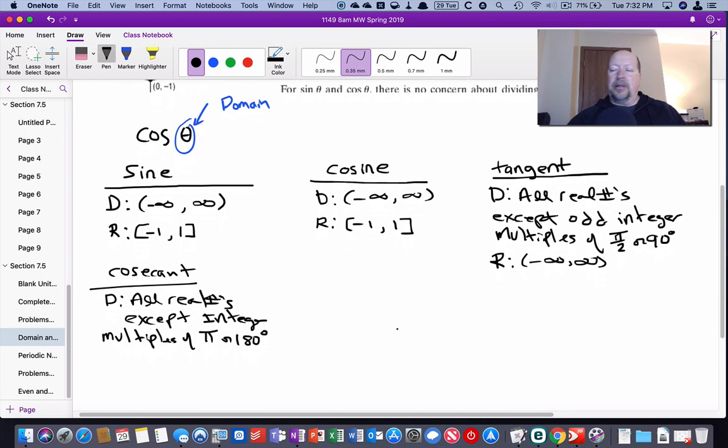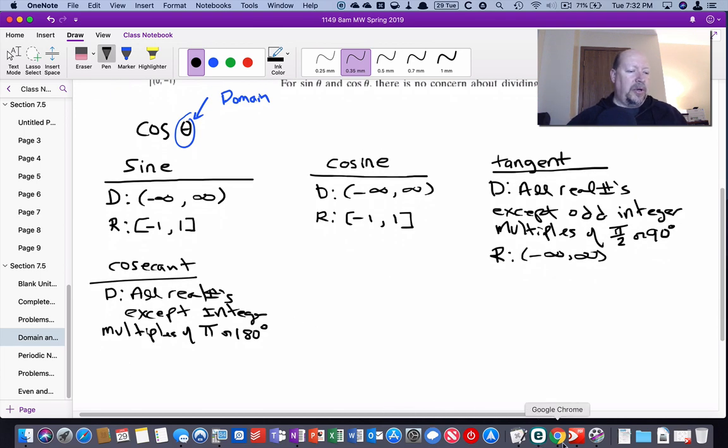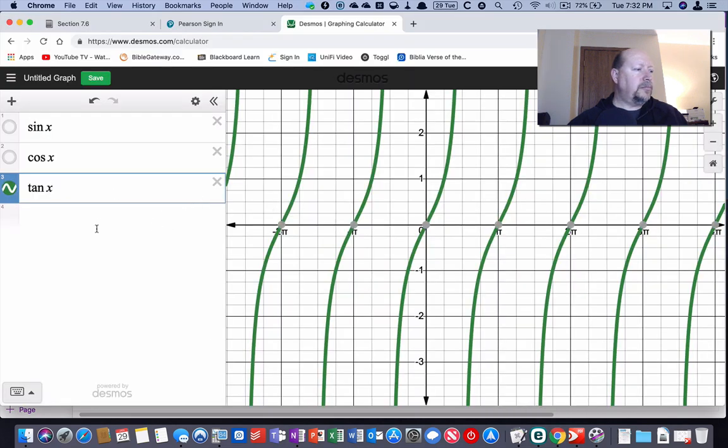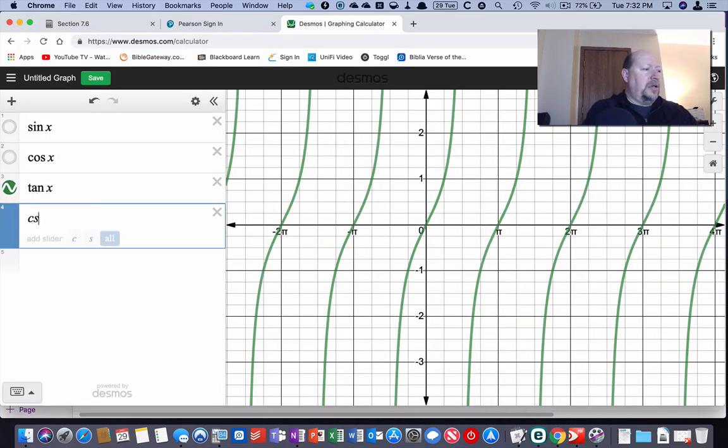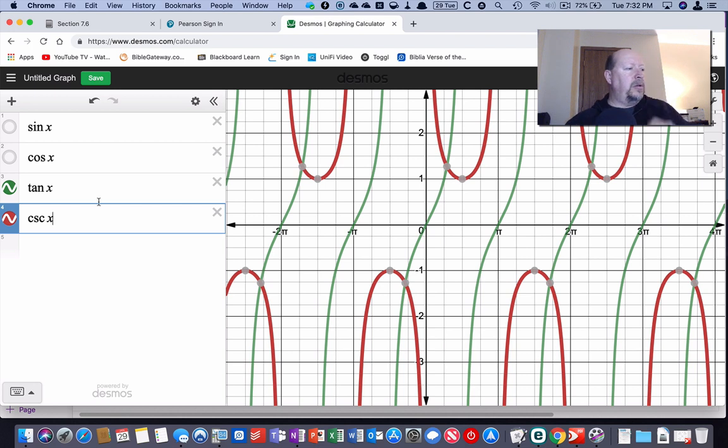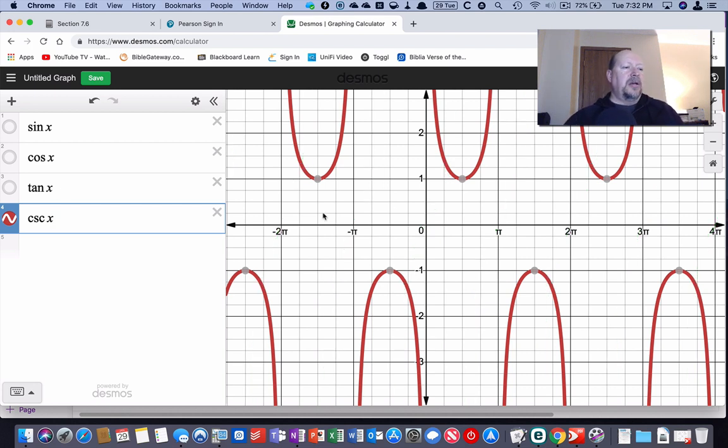Now, let's take a look at the graph of the cosecant so you can see that real quick. CSC for cosecant. Now this looks quite different too. Remember the sine function, which is the reciprocal: if I turn the sine on, look what happens. It fills in that middle space that's not included in the cosecant.